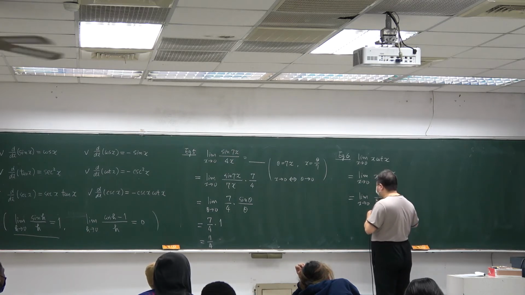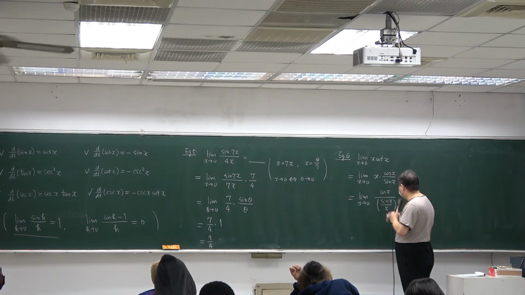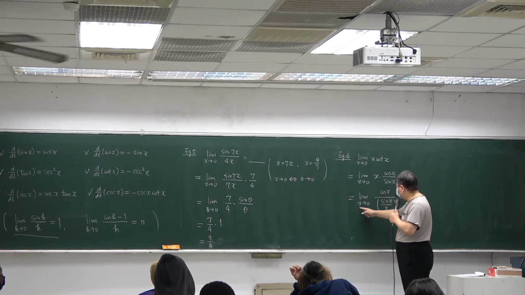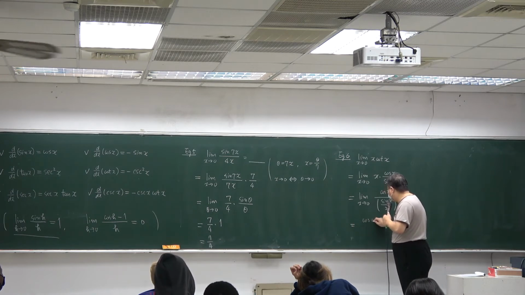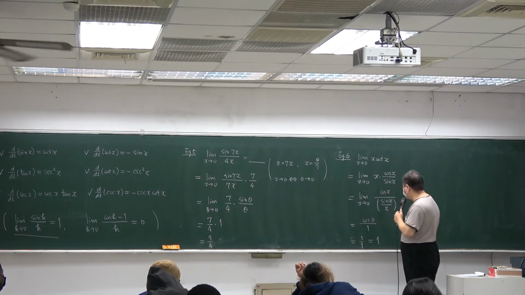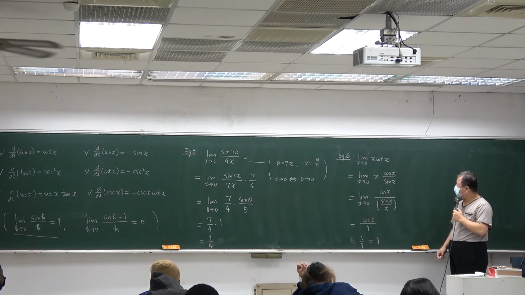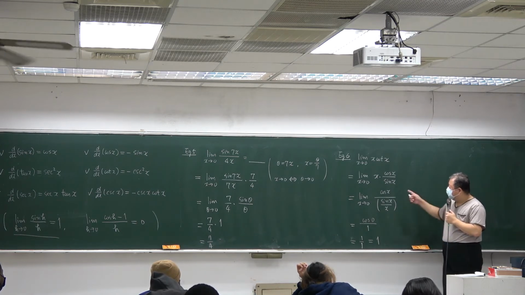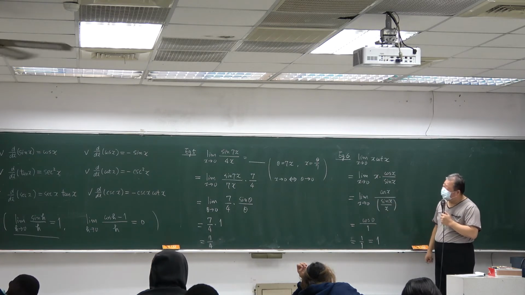Because cosine is continuous everywhere, and cosine 0 equals 1, and this limit as x approaches 0 is also 1. This limit is 1. So these two examples use that limit.